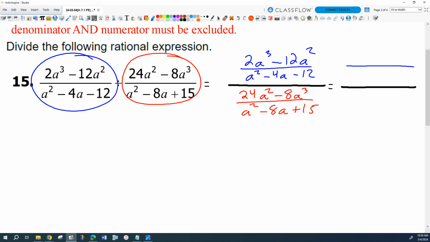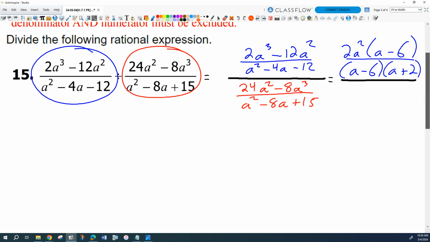Take out 2a squared times a minus 6. Okay, good. Denominator, it's minus 6 and 2. a minus 6 and a plus 2, I'm hearing?